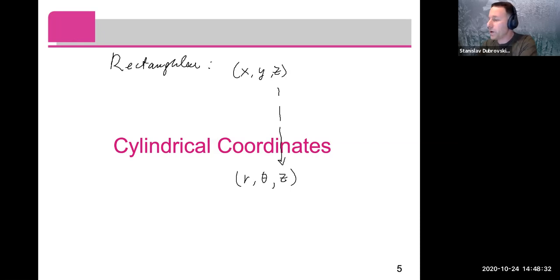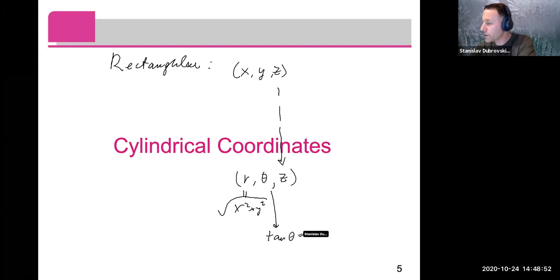That's it. So r is the square root of x squared plus y squared, and theta is, of course, such that, well, we don't like arctan, so we'll say tan theta is y over x.